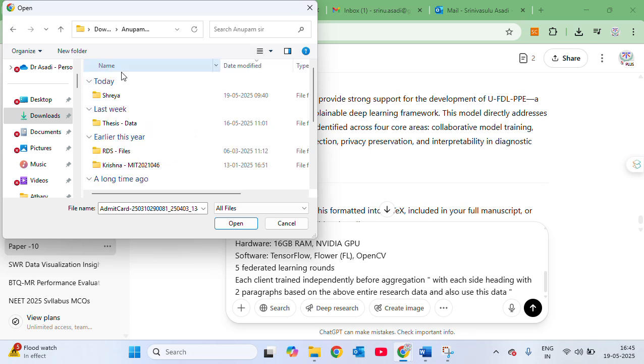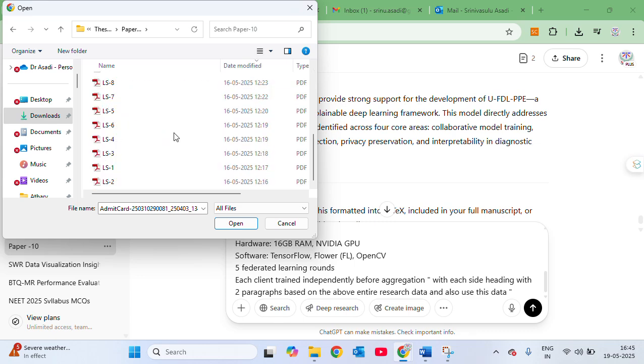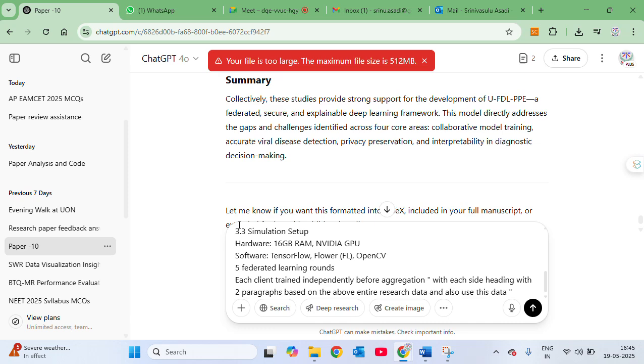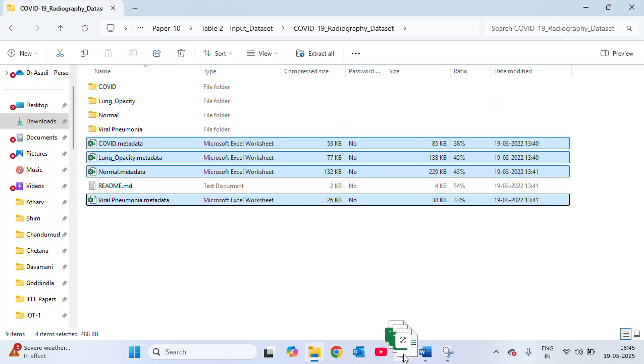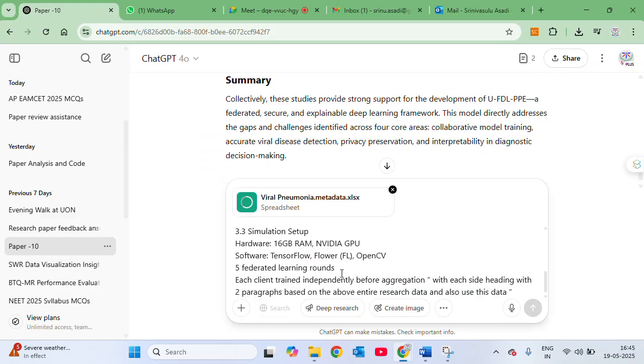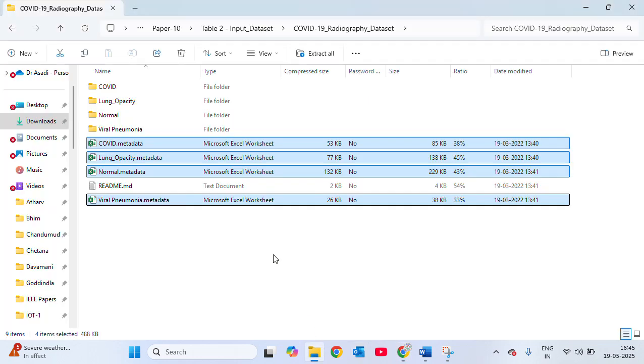So now in this one, 10th paper actually we are doing. Yeah, this is the data. So now I have added viral pneumonia data, only one it came.